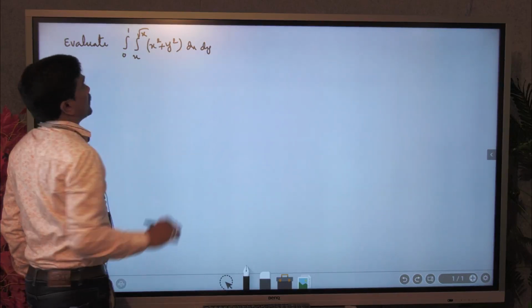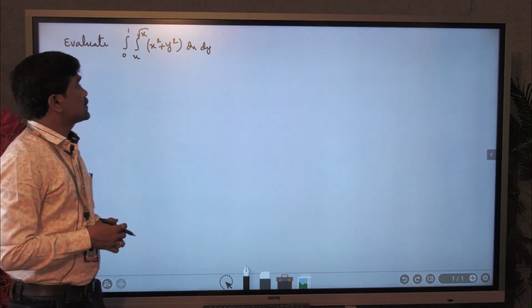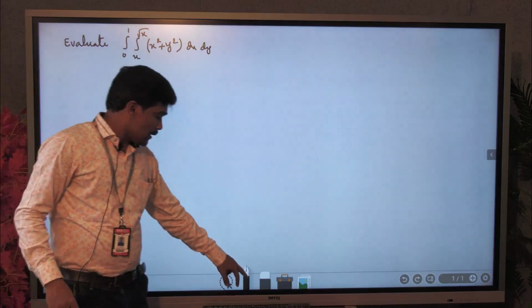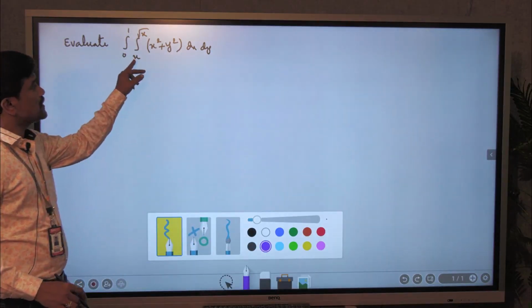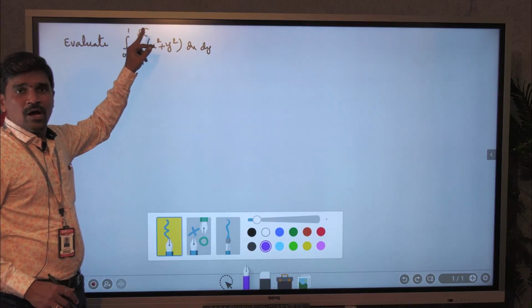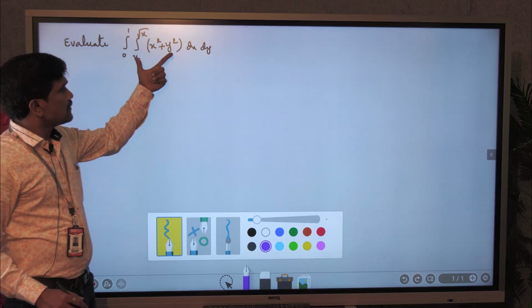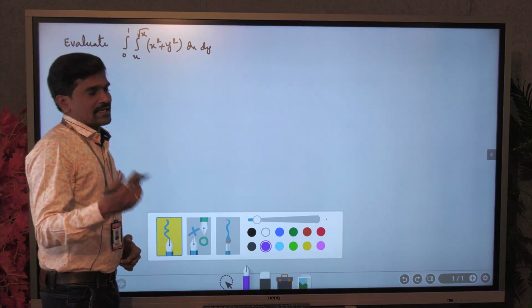This is our problem. Here the limits x to root x are the limits of y.